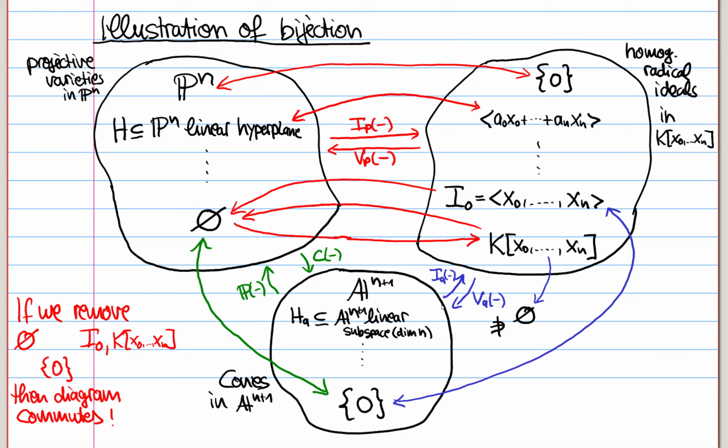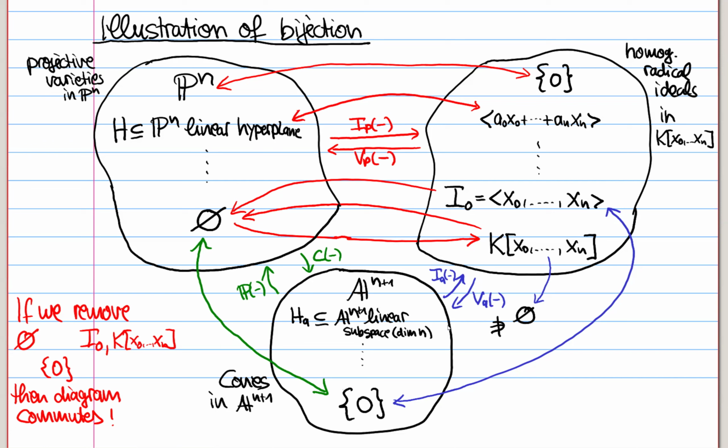The good thing is, in this diagram, if you remove the empty set here, you remove these two over here, and you remove the 0 cone, then afterwards the diagram is perfect. All the maps are bijections, everything commutes. That's what we showed over the course of the many proofs. But that's just one thing that one has to get used to with projective varieties.